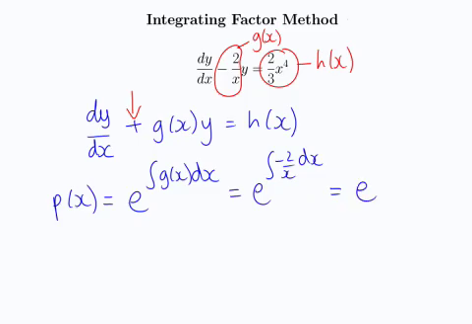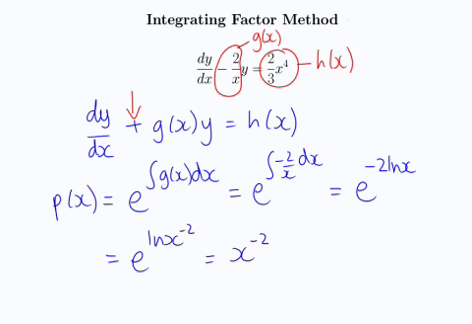So what I'm going to do is take out the minus 2 as a constant multiple, and if I integrate 1 over x, I get log of x. So then, using log rules, the minus 2 comes up as a power, and in fact the integrating factor is x to the minus 2.